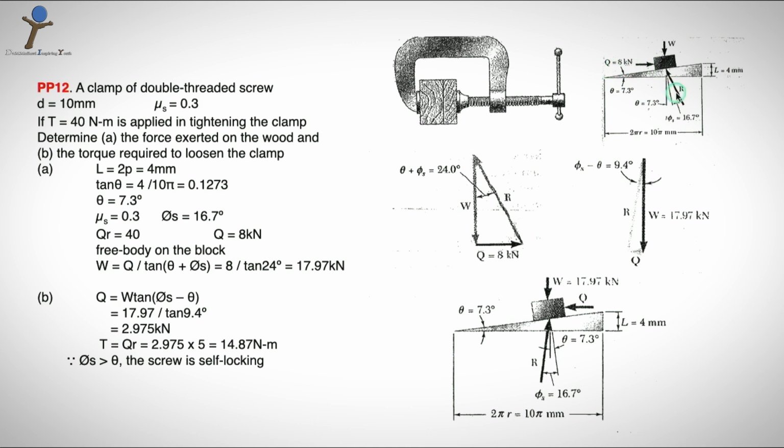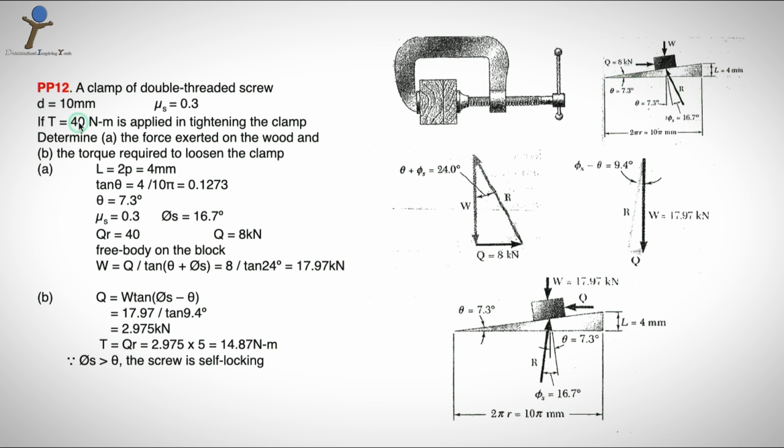So, here we consider the resultant reaction of N and mu N, that is R, which is acting at an angle of theta plus phi, where theta is the wedge angle. You need to determine Q. As we know, one edge of this wedge is the lead and the base is nothing but pi d, the circumference of the screw rod.